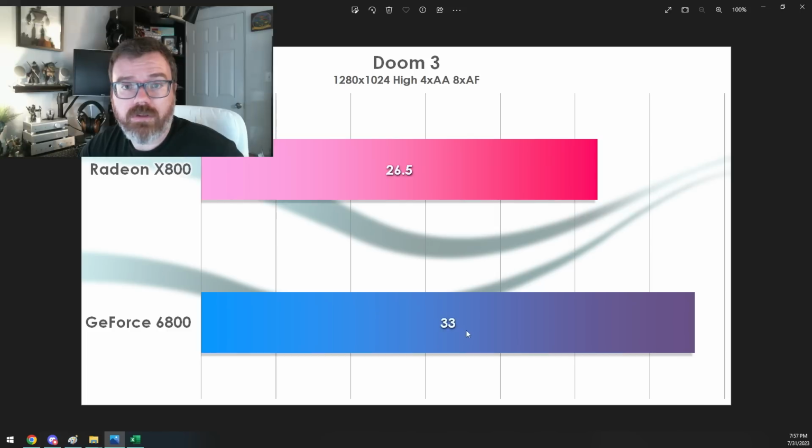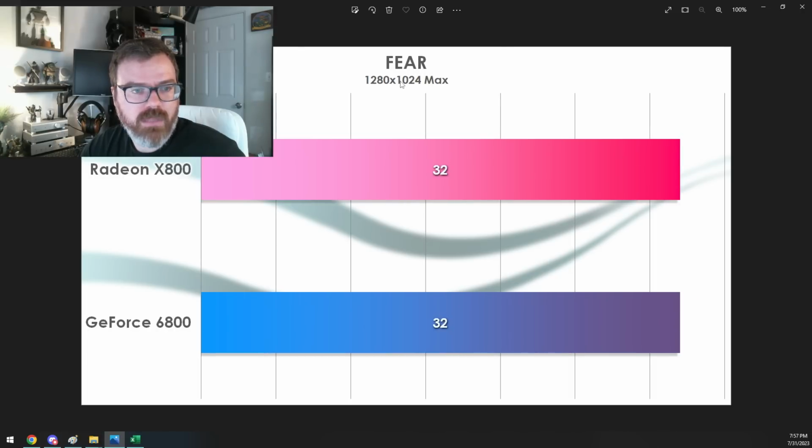And if you go back to the card battles video for the X800 XT Platinum Edition versus the 6800 Ultra, the X800 wins in Doom 3. So this might actually be an issue with the VRAM again, but neither card really turns out a great frame rate anyway. Probably should have tested more resolutions for that, but that's okay.